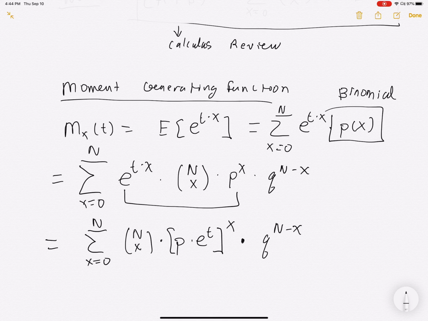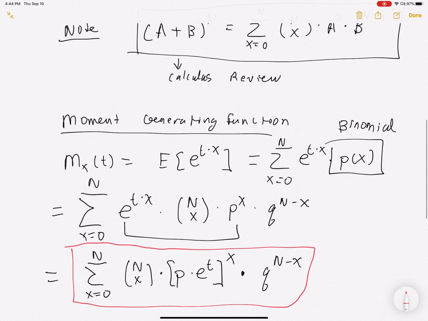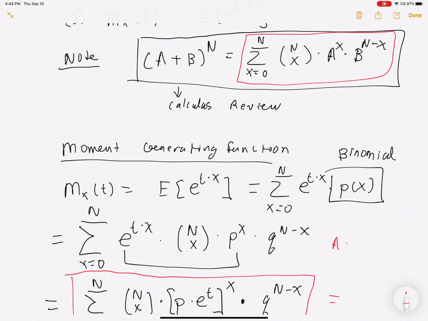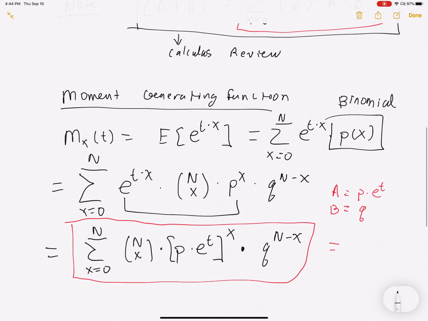Well, wait, this whole formula looks very familiar to me. If I just scroll up, oh, here's that calculus review fact right here. If I let A be this term, p e to the t, and B equal q, I get exactly this.